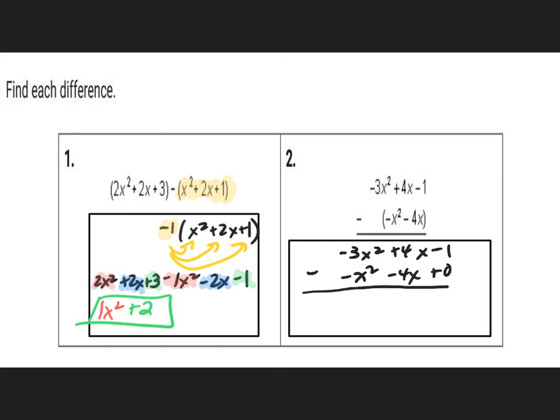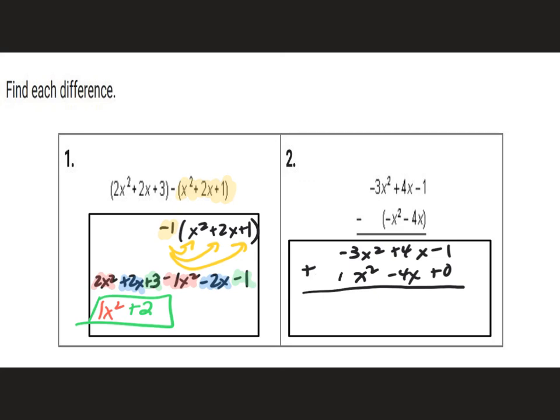All right. And I know that whenever I'm distributing this negative sign, I need to multiply -1 to every single term in the bottom expression. So let me just get rid of this really quick. Okay. We're going to turn this into an addition problem by multiplying these out. So -1 times -x squared is going to be positive x squared.